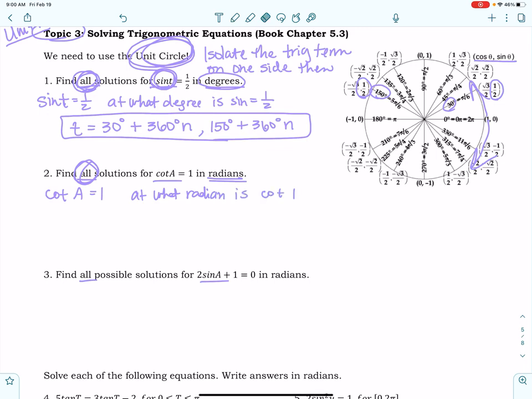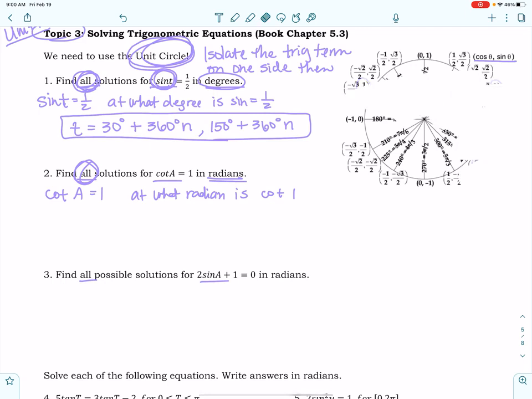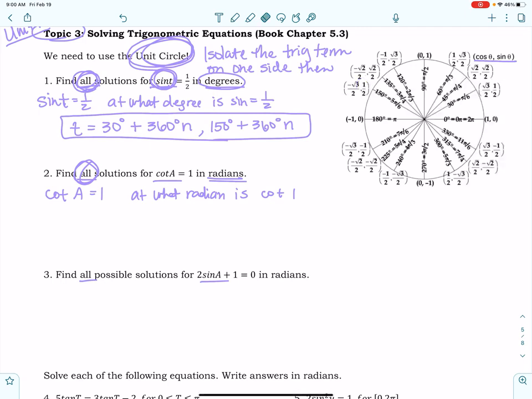Well, if you'll recall, when we're talking about tangent and cotangent, remember, cotangent theta is equal to cosine theta over sine theta. So that means this value over this value, cosine over sine.